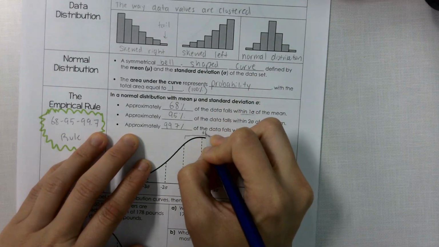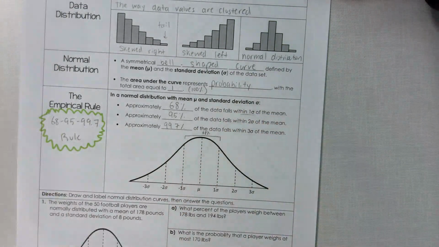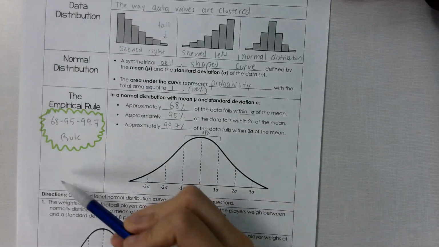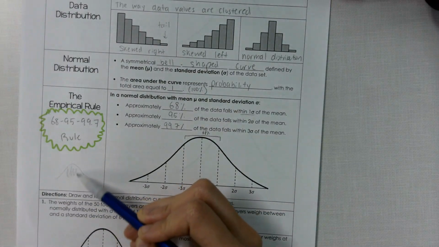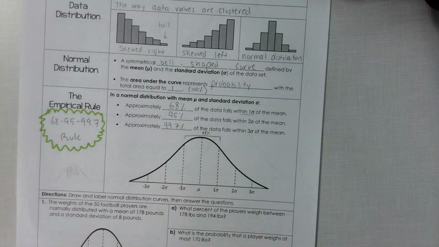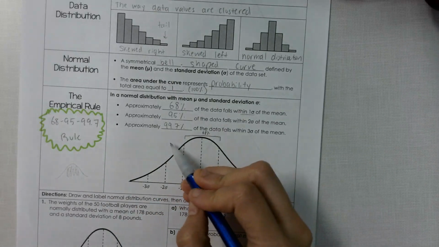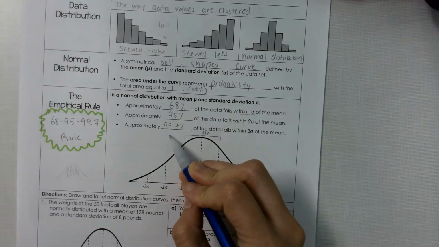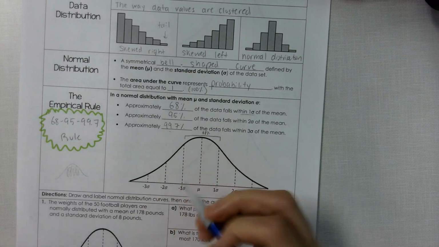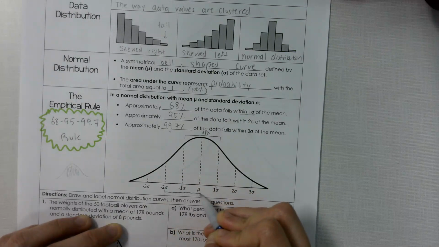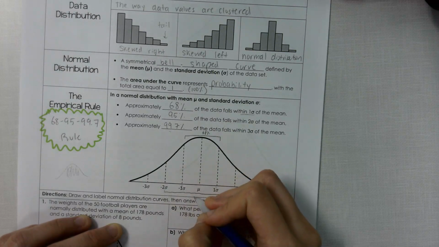is 68% of the data, which makes sense because it's a big chunk, right? If you think about a curve, most of the volume is in this middle section because it's so high, right? And then if we go even further, it's sort of hard because there's not that much room, right? Within 2 standard deviations, we have 95%.